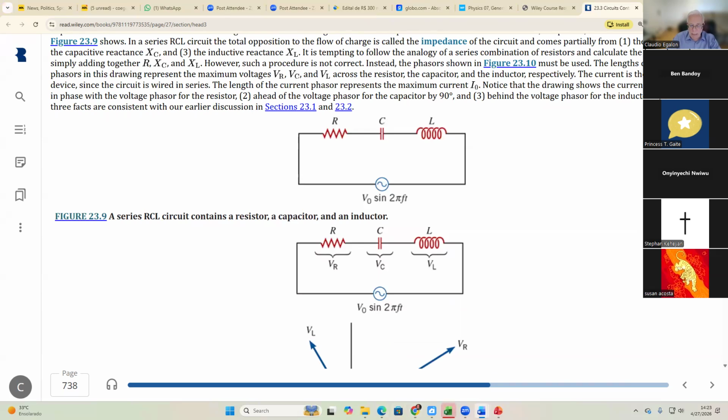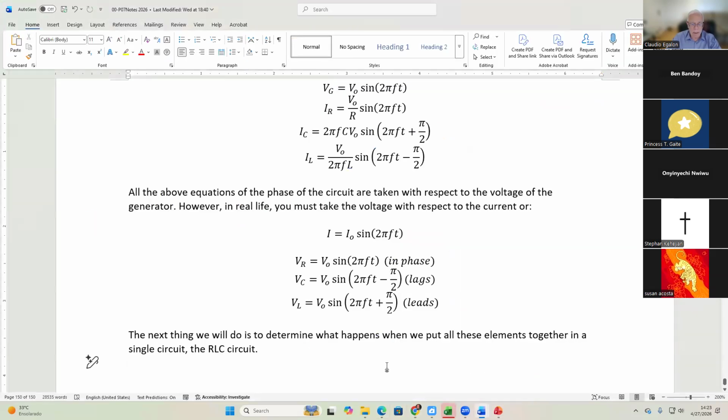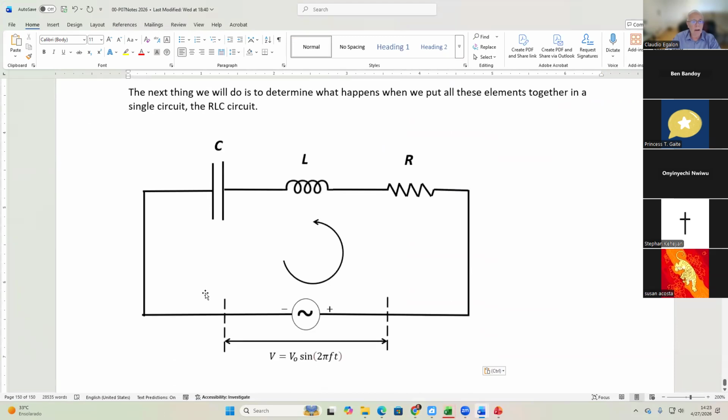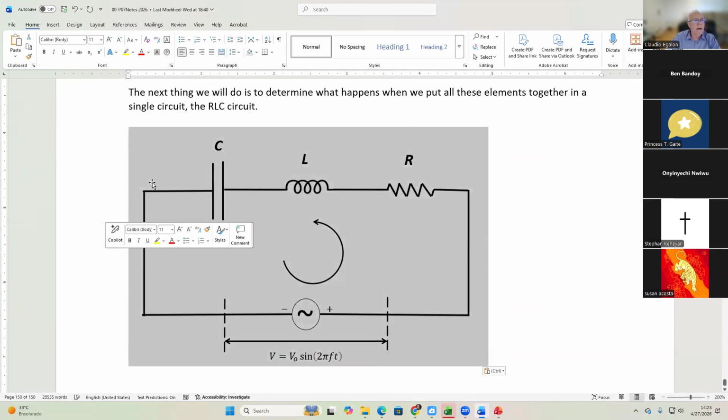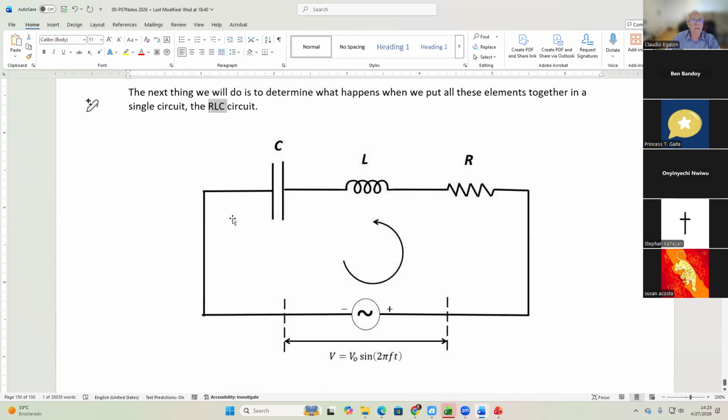I'm going to copy and paste to my notes. RLC, right? I'm calling that RLC. The book called it RCL.